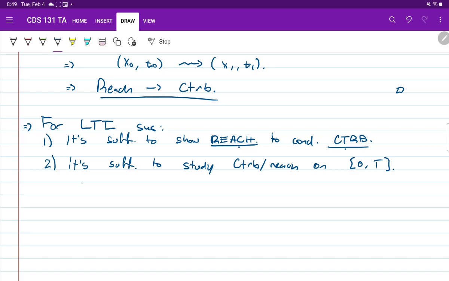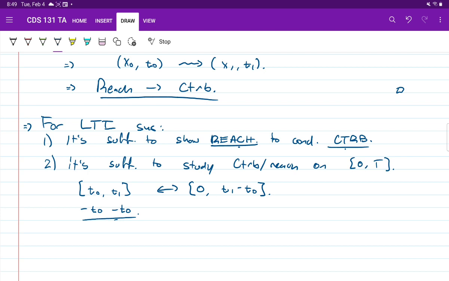The basic idea is that if I show controllability on an interval t0, t1 for an LTI system, that's going to be the same as having controllability on 0, t1 minus t0. And this is just because of that time shifting property. Basically, all that I'm doing is shifting each of these times by a minus t0. And the time invariance property says that our system has to respect this with respect to controllability.